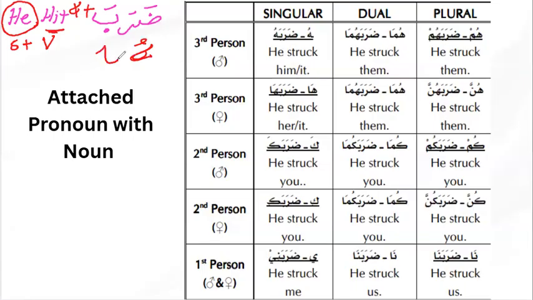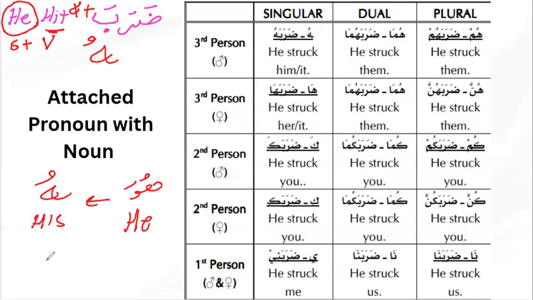Do you guys remember? Who remembers what the pronoun hua means? Hua means he. The attached pronoun counterpart for hua is hu, his, remember? Now, the meaning is his when it's attached to a noun, like kitabuhu, his book.